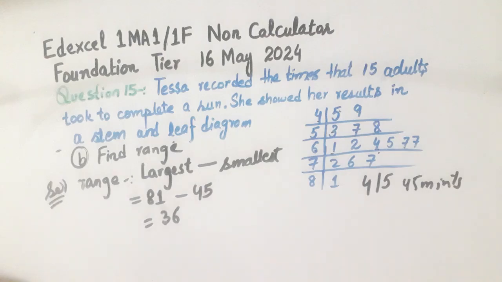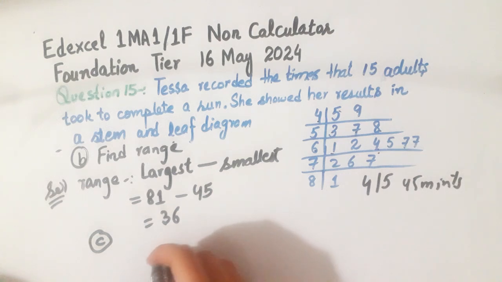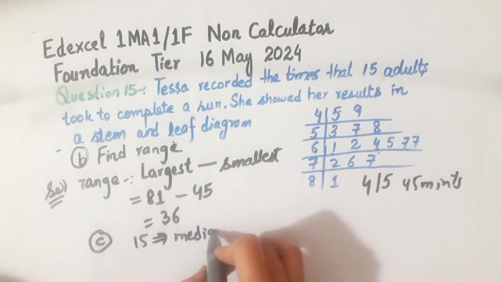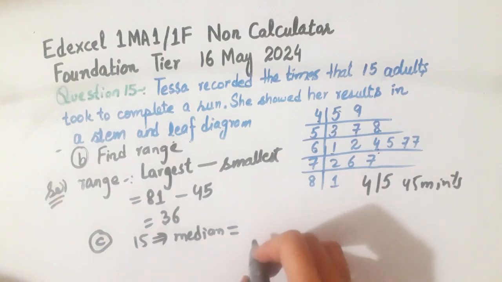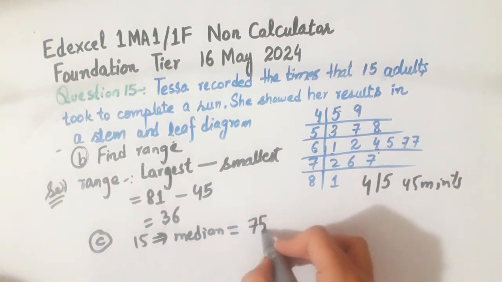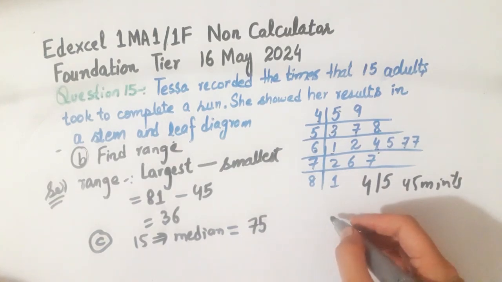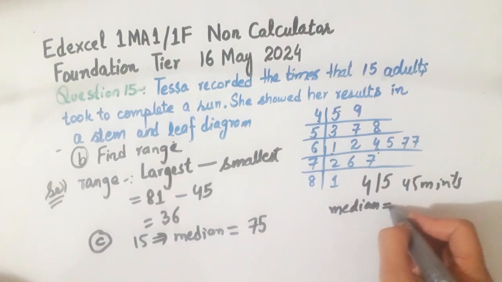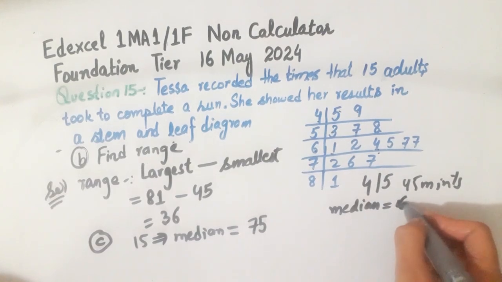Now in the C part, it says to compare the times for the adults and the children, and it is also given that if 15 children take part, their median equals 75, and for adults we have already found the median equals 64.